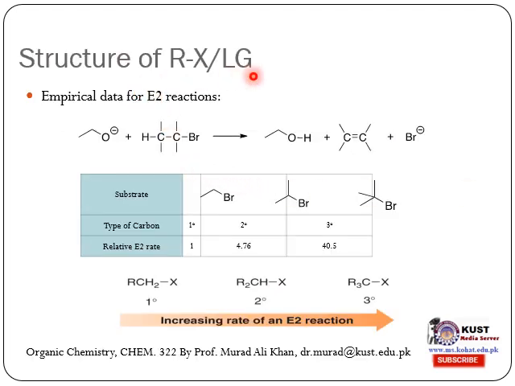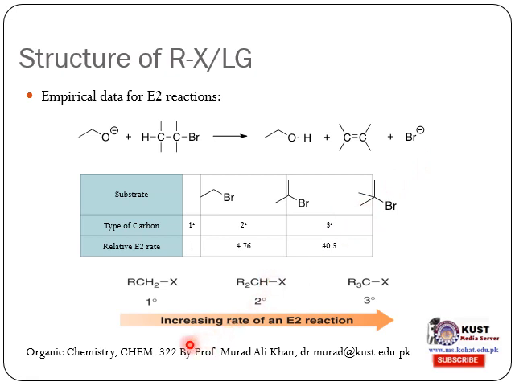Structure of leaving group. Look at this reaction. Here, a primary bromide, secondary, tertiary, and the comparative rate will be: for primary it will be 1, for secondary it will be 4.76, but for tertiary it will be 40.5.